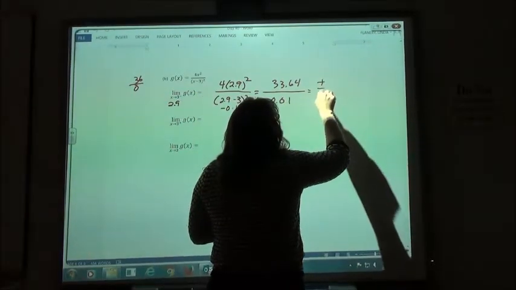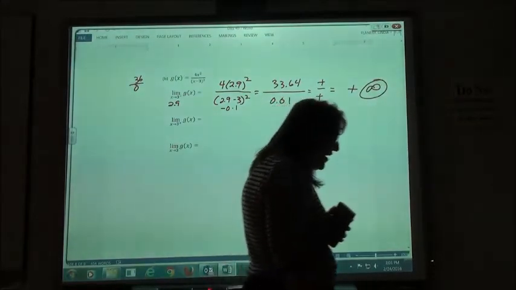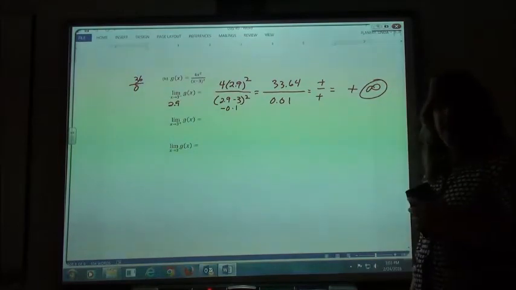So I get a positive over a positive, which means I have a positive. So positive infinity is going to be my limit as I approach from the left-hand side of 3.